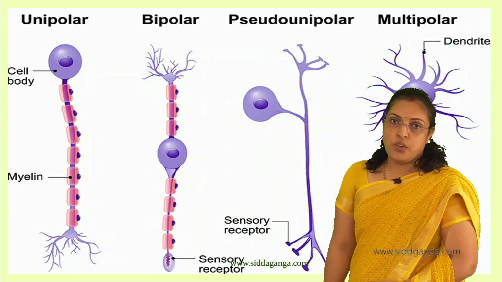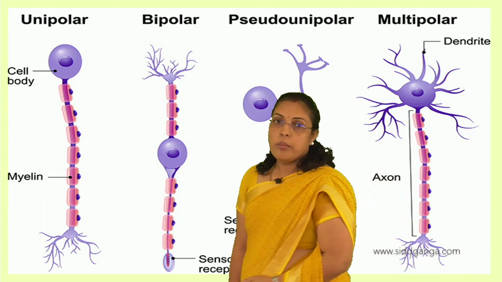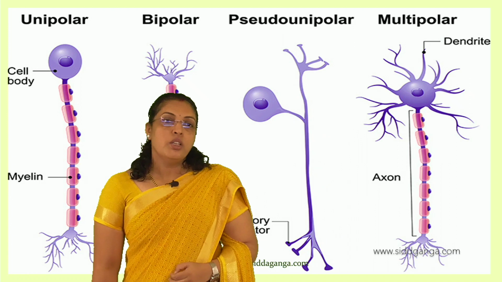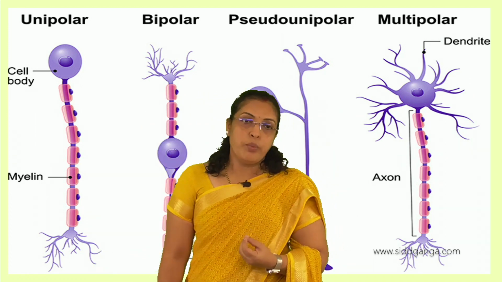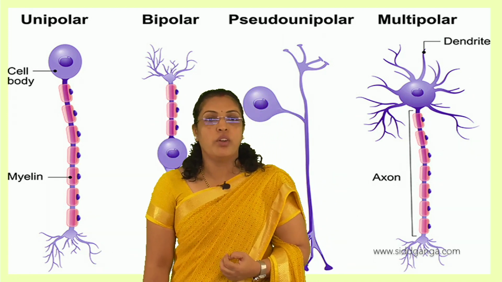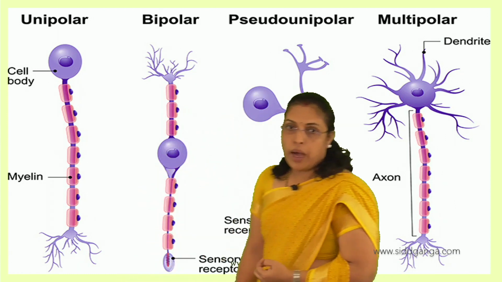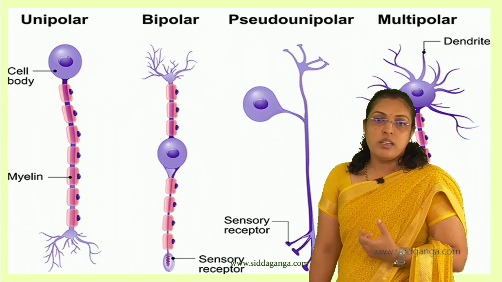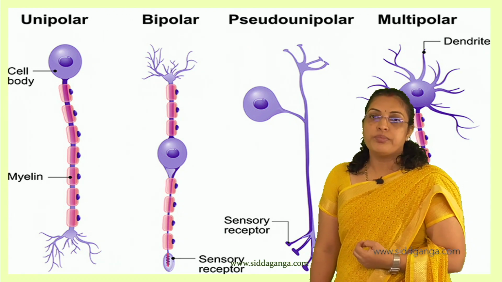The types of neuron they have given are unipolar, bipolar, pseudo-unipolar and multipolar. In unipolar we see a single process arising from the cell body, whereas in bipolar we see two processes arising from the cell body, one dendrite and one axon.